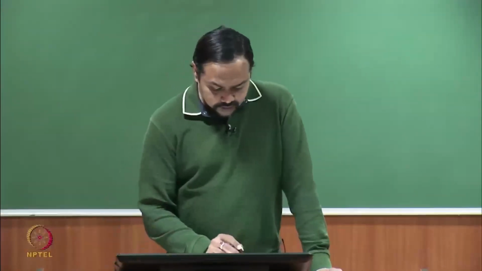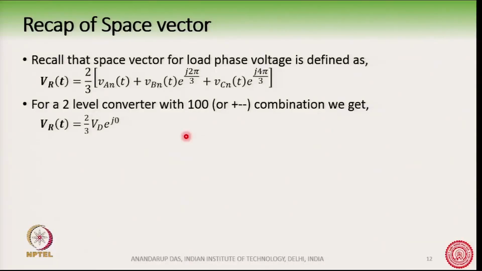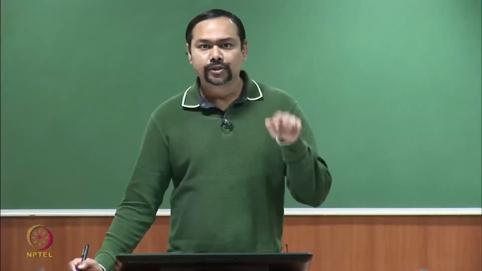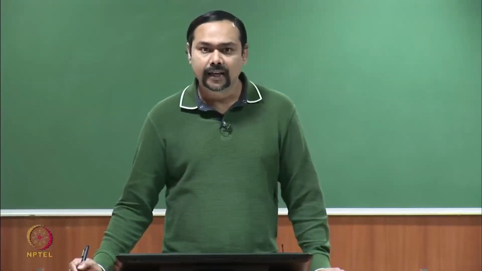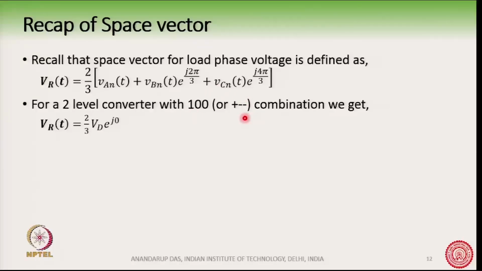Now, for a 2-level converter, we had earlier seen a 1-0-0 combination, or +-- combination, that means A phase is connected to the positive DC bus and B and C phases are connected to the negative of the DC bus. That combination is called a 1-0-0 combination or +-- combination.